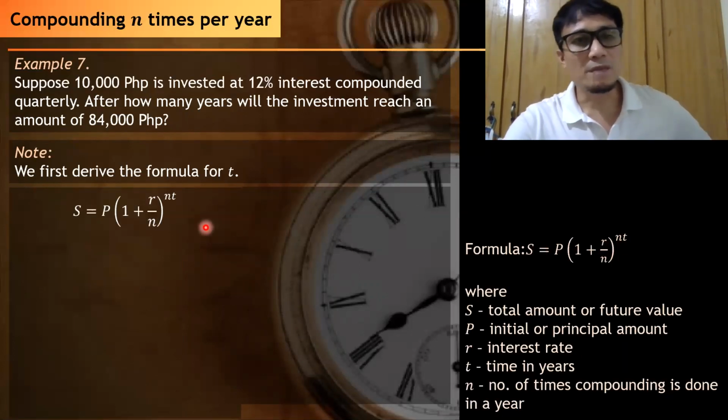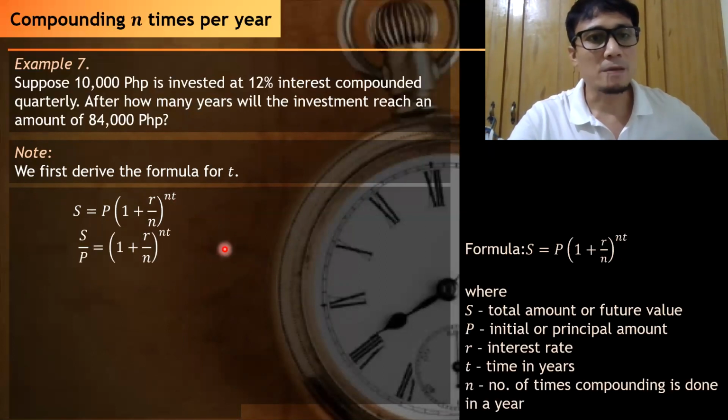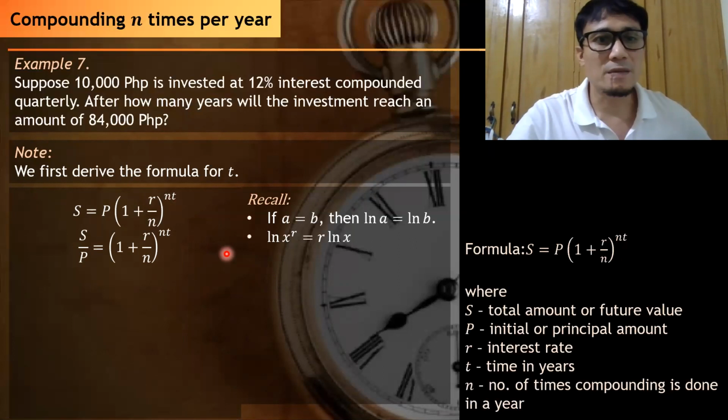Again, the objective is to isolate the t, but since t is an exponent, it's not easy to do that. Let's start first with removing P here. That means we divide both sides by P. So you have S over P equals (1 plus R over N) raised to NT. Then recall again the property from natural logarithm.